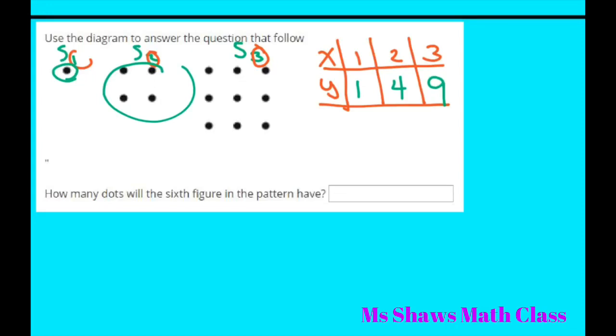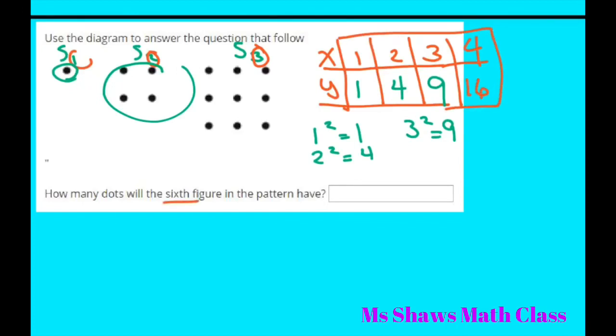We know that 1 squared equals 1, 2 squared equals 4, 3 squared equals 9. If we did the next pattern, 4 squared would equal 16. What they want is the 6th pattern, so you would just do 6 squared, and that would be 36. That's kind of how you have to think about it.